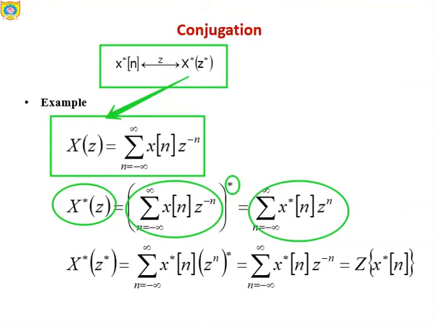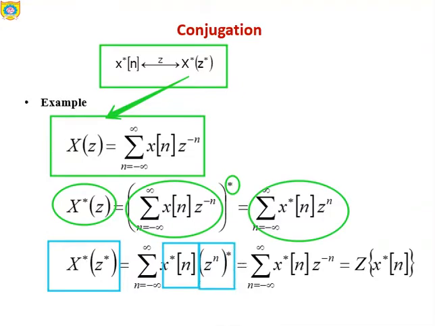Now in the next step we are going to concentrate on X star of z star. X star of z star means, again, I need to complement the values of z. So x star of n will remain as it is. z star means here z raised to n raised to star is taken.